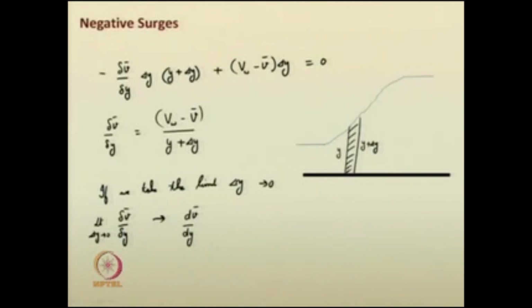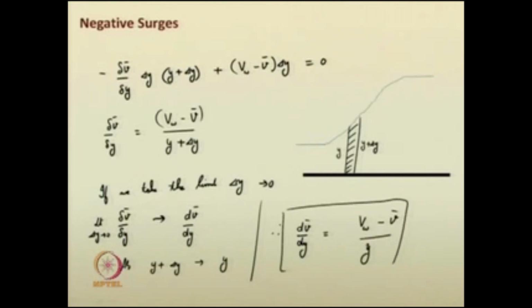Also, y plus delta y tends to y itself. Therefore, I will get the corresponding relationship: dV bar by dy is equal to V w minus V bar by y. This one equation I am getting, and you can name it equation A.